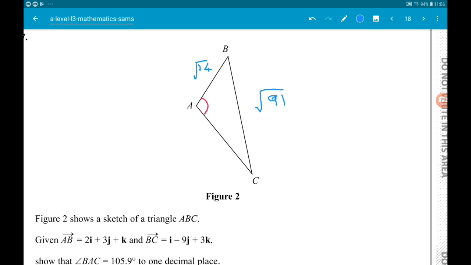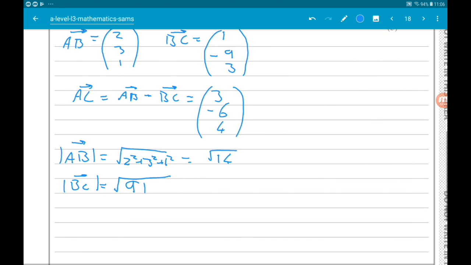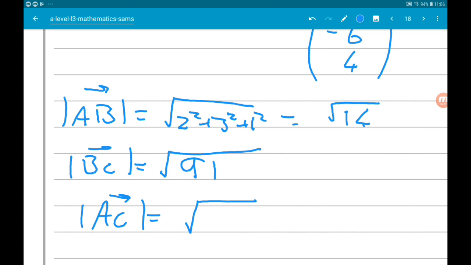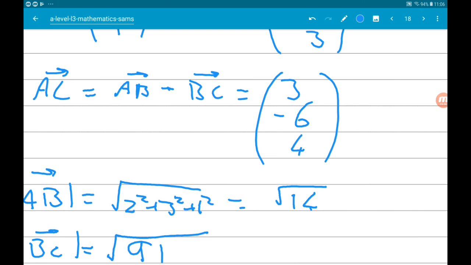And then finally AC. So that's going to be root 3 squared is 9, 6 squared is 36, so that's 45. 4 squared is 16, so that's 61.